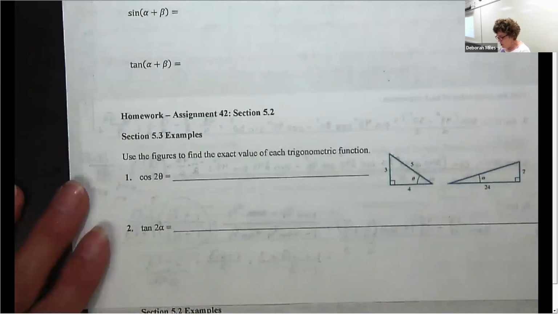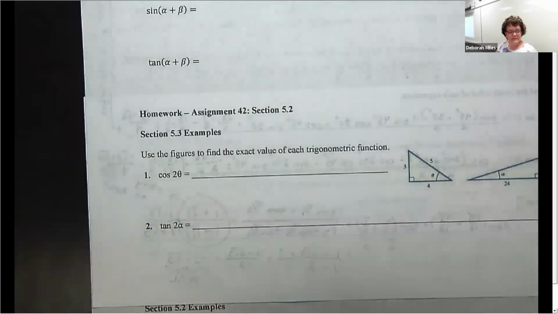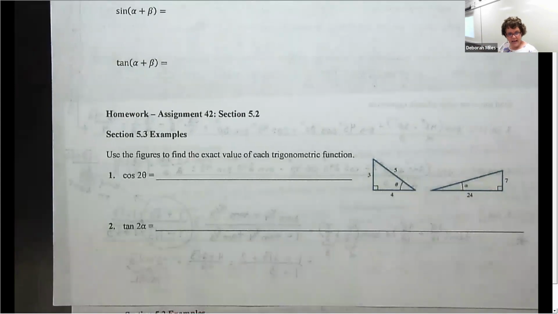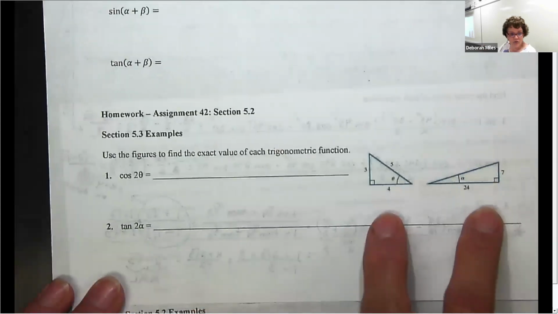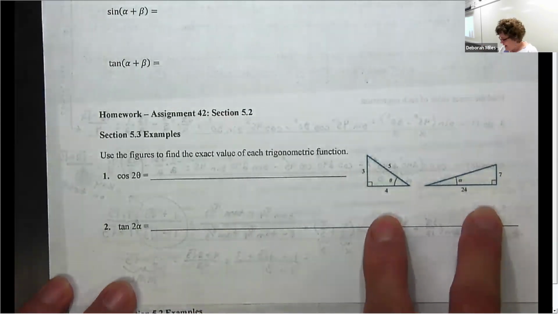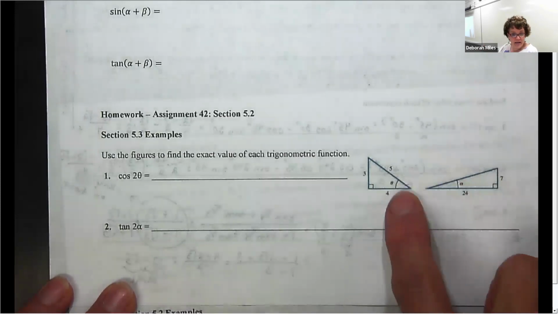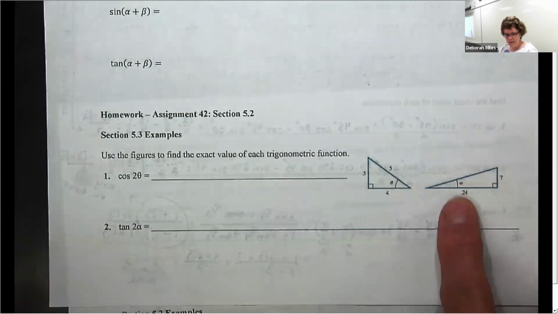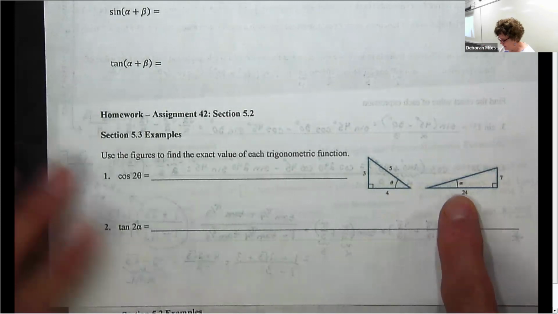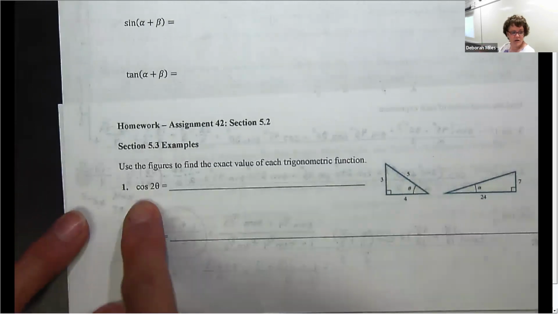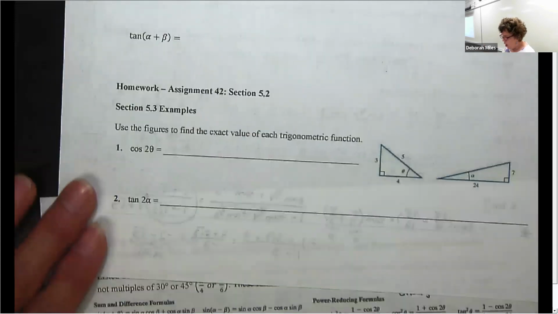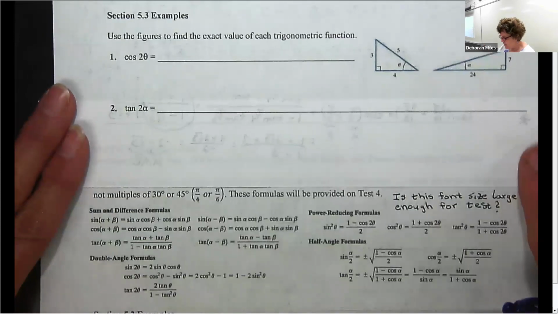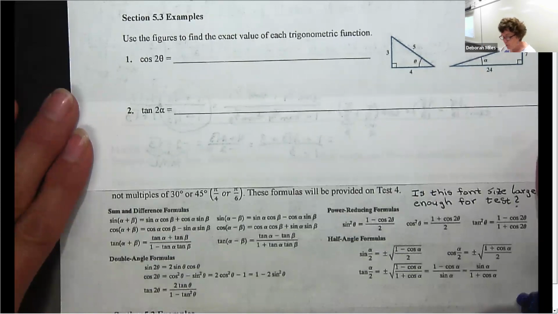Okay, so section 5.3, double angle, half angle, and power reducing formulas. The first one, we're given 2 triangles. One of the triangles has an angle theta marked, and one of them has an angle alpha marked. And we're supposed to find in number 1 the cosine of 2 theta. Remember, I'm going to give you all of the formulas that are at the top of the 5.3 note.